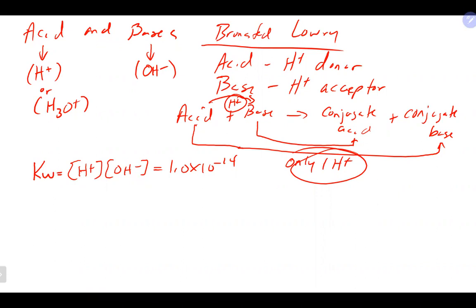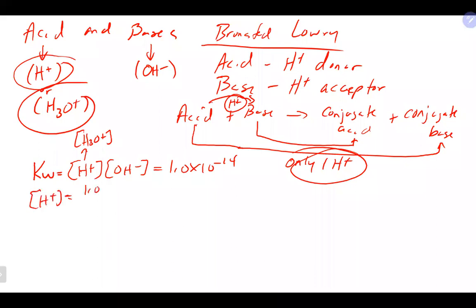Remember that in this formula and in any equation as well, these two guys are interchangeable. So once again, you may see it oftentimes written as H3O plus times the OH minus concentration. We could use this to solve for the H plus concentration, which is the acid part, which is 1 times 10 to the minus 14 divided by the OH minus concentration.